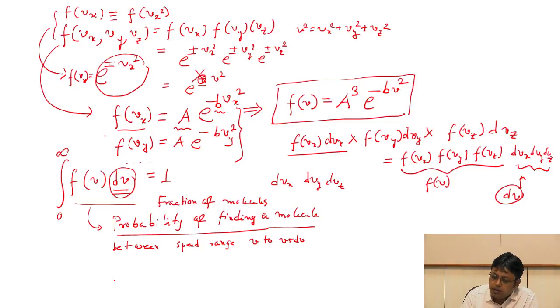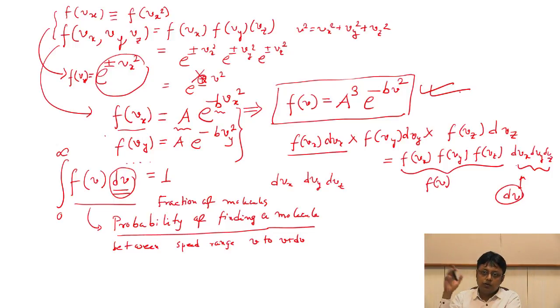Fv is a cube into e to the power minus b v squared, and then we multiply by a volume which is independent of the direction. That differential volume we multiply, because then we get a probability.